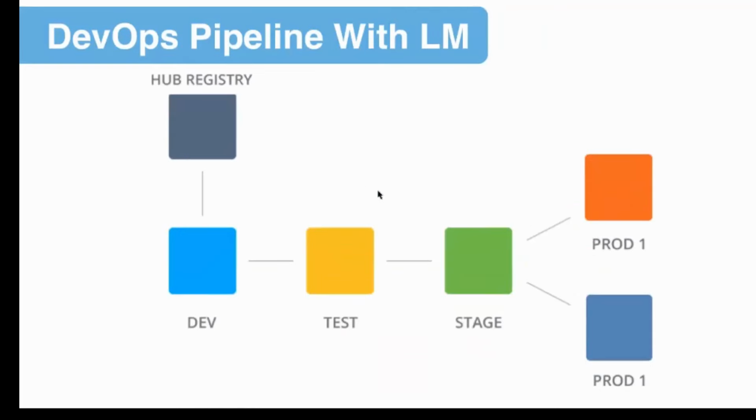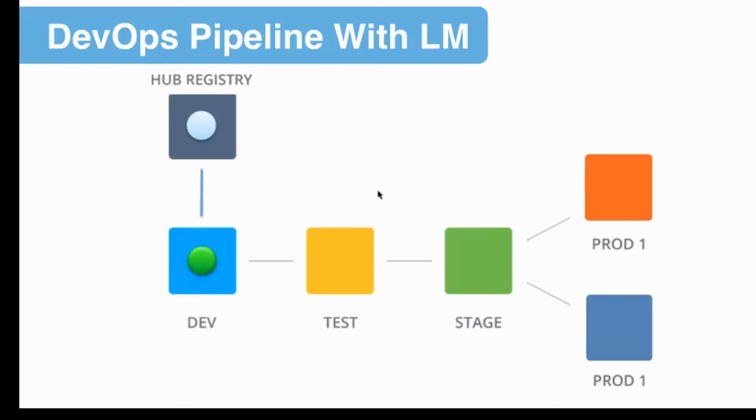As you can see, the topology became different. We have a hub registry where we place all our container templates, and we want to update our application. So we pull this template from the hub registry to the dev environment, provision it, make some changes, and commit it back.